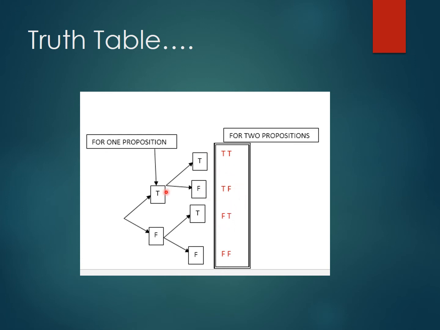Like for every true, the other statement may be true or false. For false, the other statement may be true or false. So there are a total of 4 combinations in your truth table: true true, true false, false true, and false false. By these, we can construct the truth table for our two propositions.